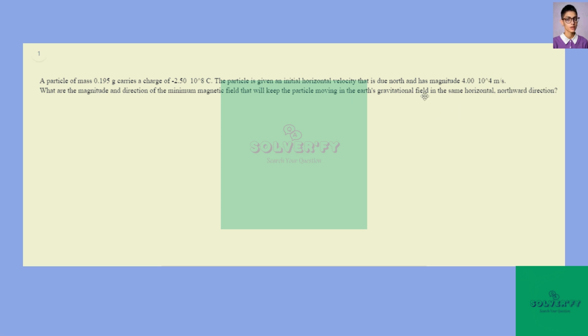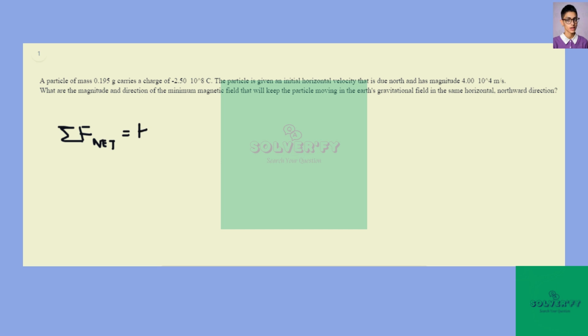Well, first of all, for this to happen, we have to have the net force acting on this particle be zero. If you read the problem, you can figure out that there are two kinds of forces. One is the gravitational force, and the other one is the magnetic force.